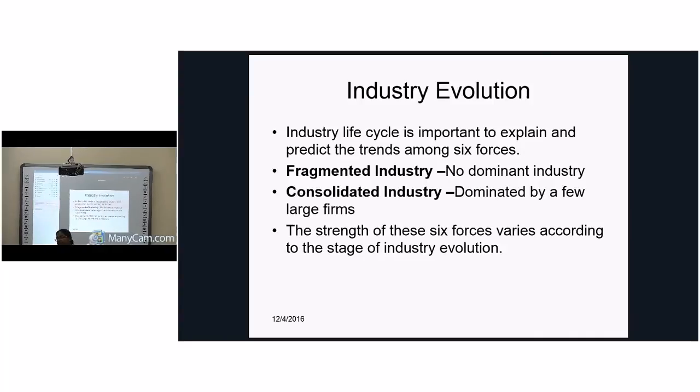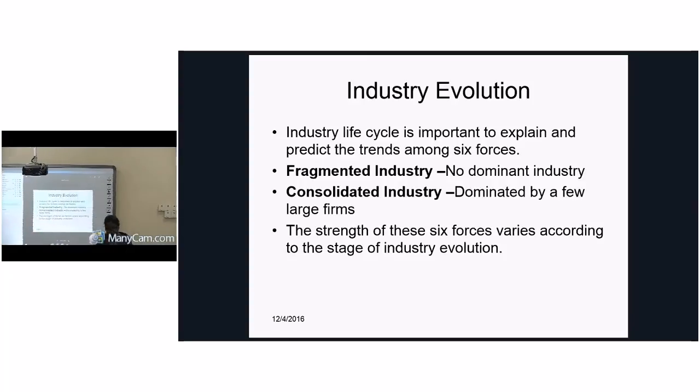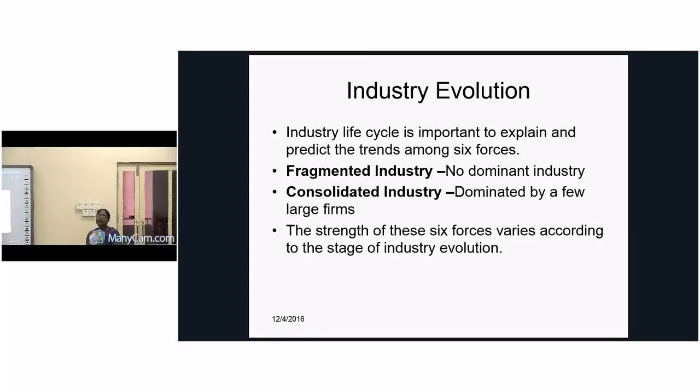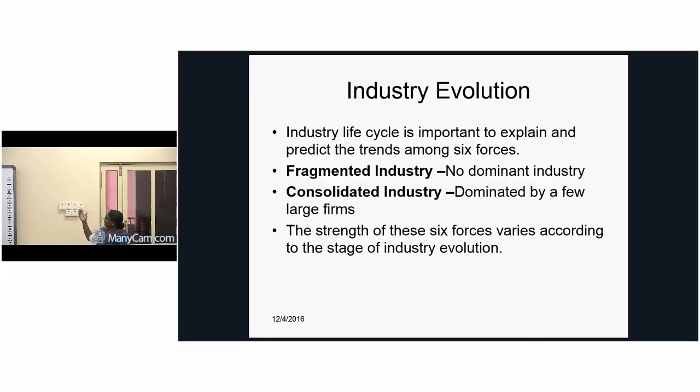Basically, an industry evolves in a particular way. There is a life cycle for an industry. So, the industry life cycle is important to explain and predict the trends among these forces.